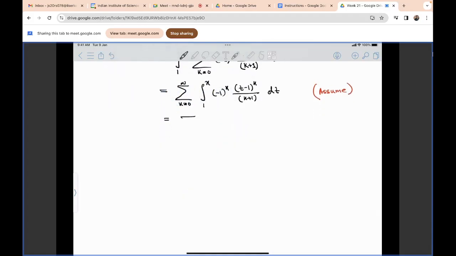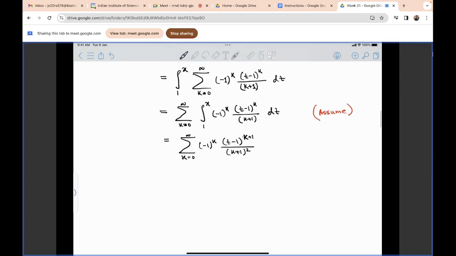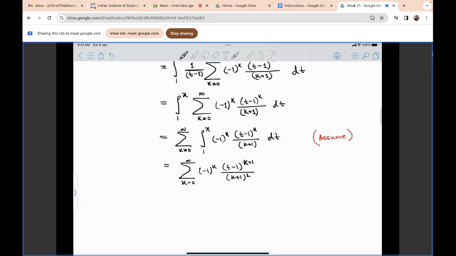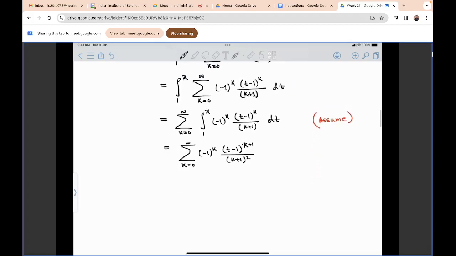Now if you integrate this, you get the summation k equals 0 to infinity of minus 1 to the power k, (t minus 1) to the power (k plus 1) by (k plus 1) whole square, evaluated from 1 to x.